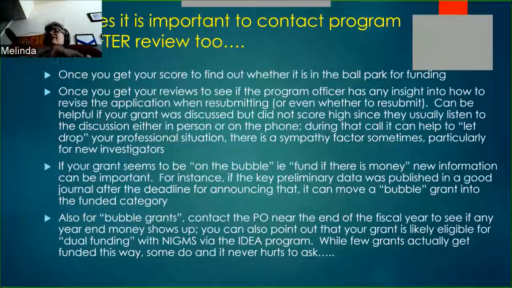Now, this is definitely not something you can count on. Very few grants, by and large, get funded this way with dual funding through IDEA. But since you are all IDEA investigators, it never hurts to ask. And sometimes the program officers are not aware of the IDEA dual funding possibilities. If you put it on their radar screen, sometimes they're happy to apply to NIGMS for dual funding.